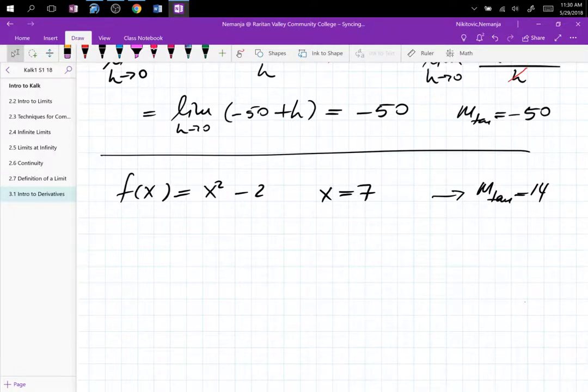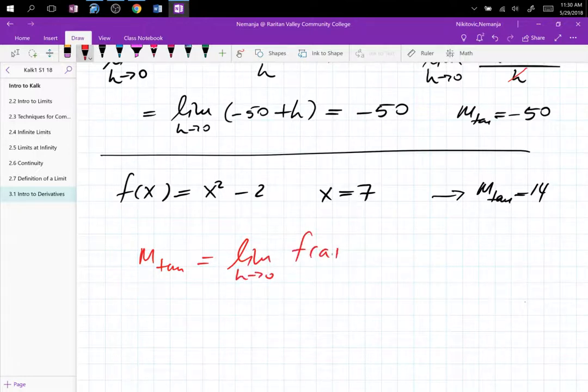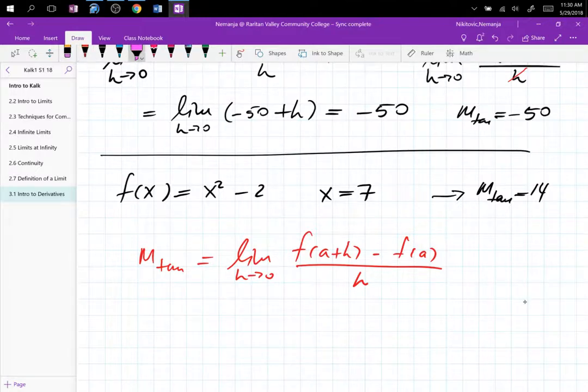So how do you deal with the multiple requests, right? Multiple slopes need to be found, and every time you have to restart the calculation. Our m tangent right now is defined as the limit h goes to 0 of f of a plus h minus f of a divided by h. I hope you see a's over here.